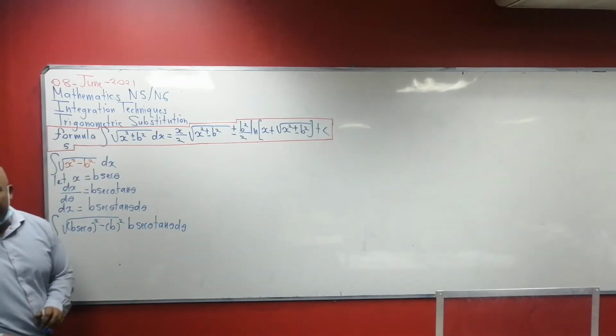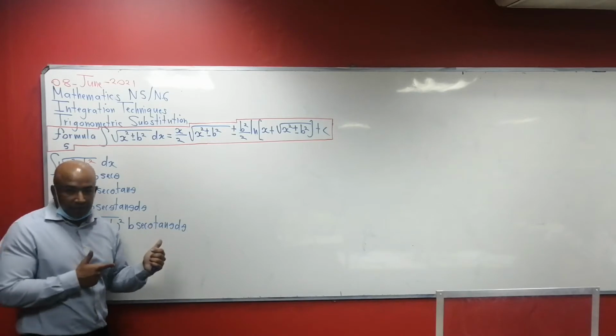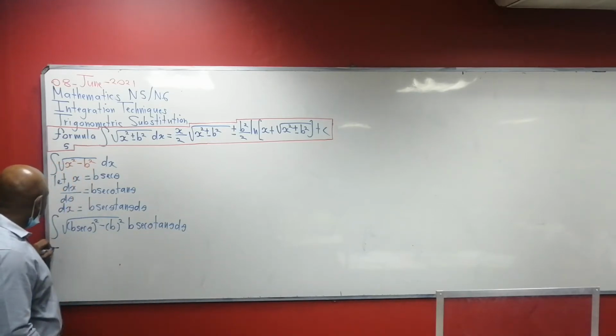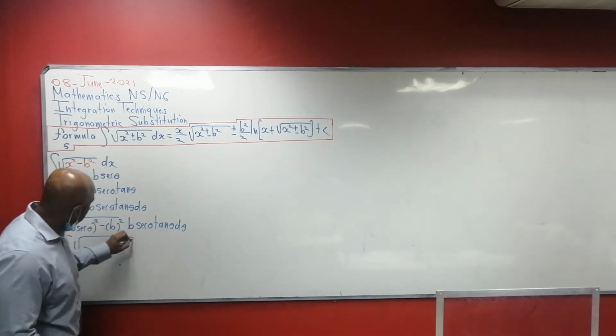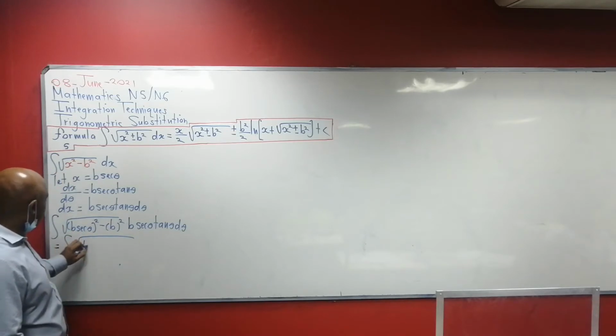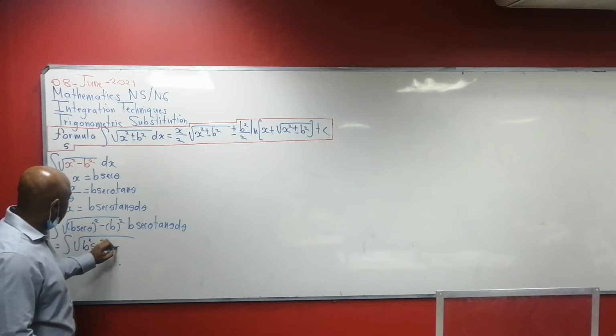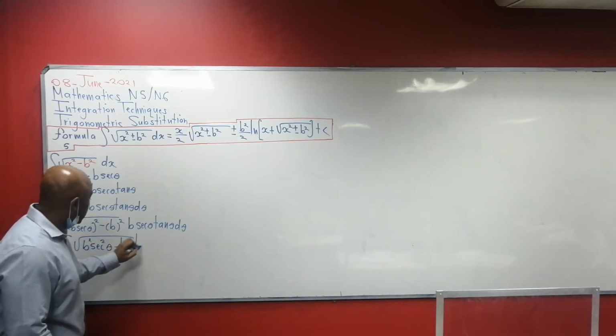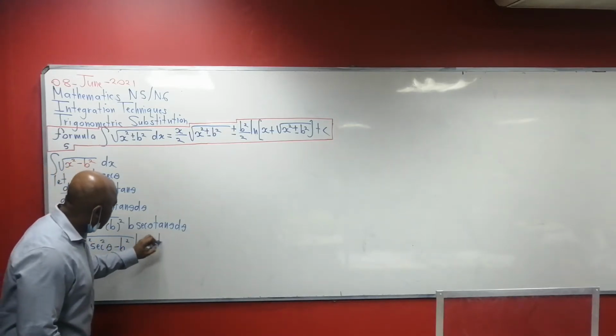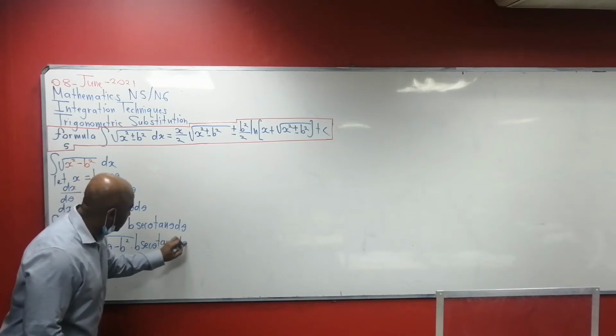Right, so nothing complicated. I just use a substitution, put it under the square root there. So now I can square this. This will be b squared sec squared theta minus b squared times your b sec theta tan theta d theta.